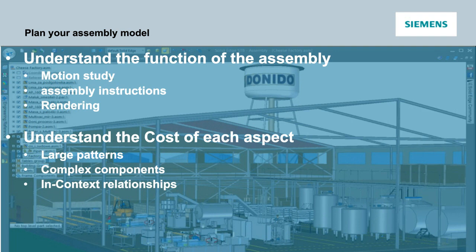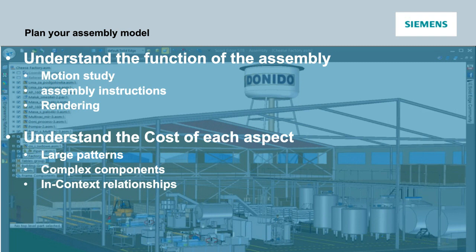You also need to understand the cost. This is something that Ken mentioned earlier, the cost of each aspect of the assembly and of your work with the assembly. Features like assembly features or in-context relations between parts can be very costly from the performance point of view. Fancy display settings like reflections, shadows, textures can also add to display calculation time, and we'll talk a little more about this later.